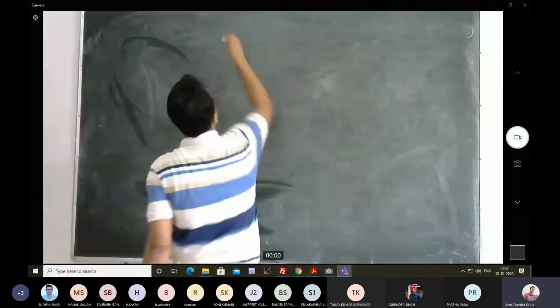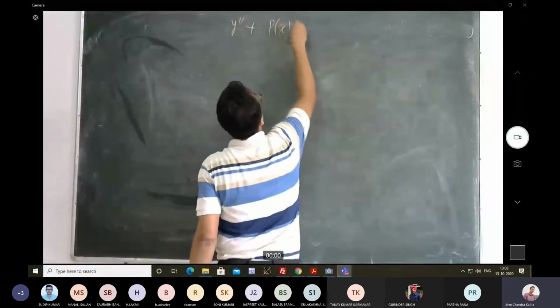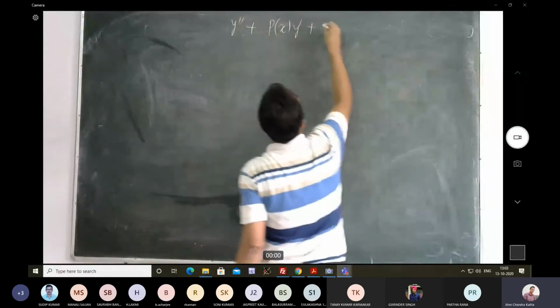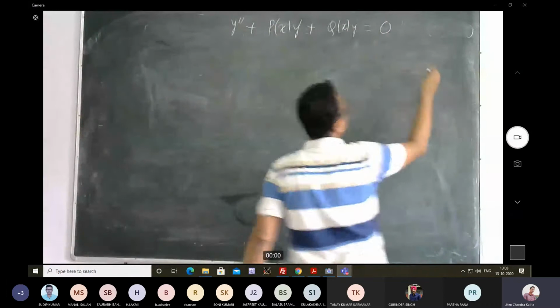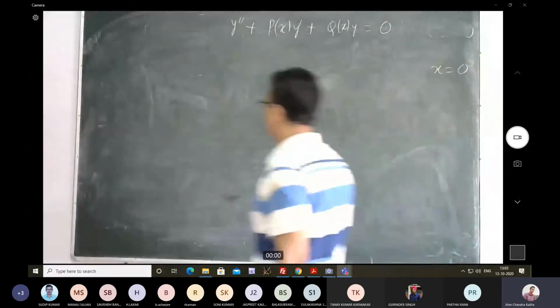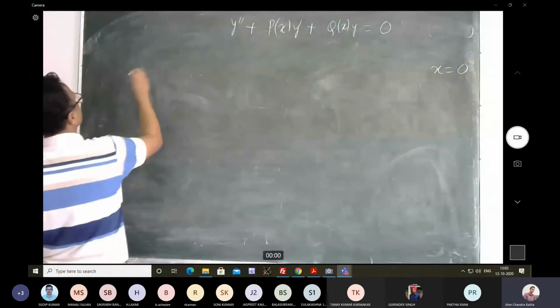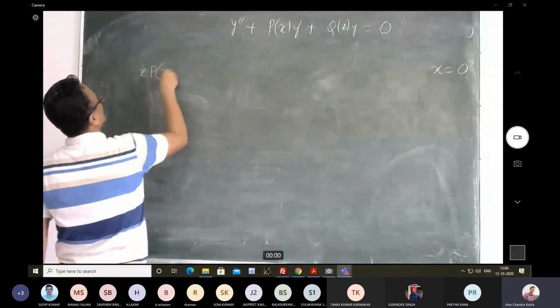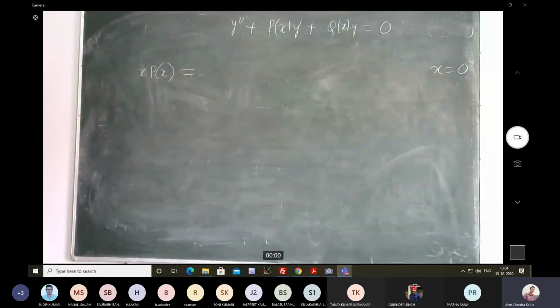Okay. So again, this is my differential equation, and of course I am assuming that x equal to 0 is a regular singular point. That means that x p(x) is analytic about x equal to 0.